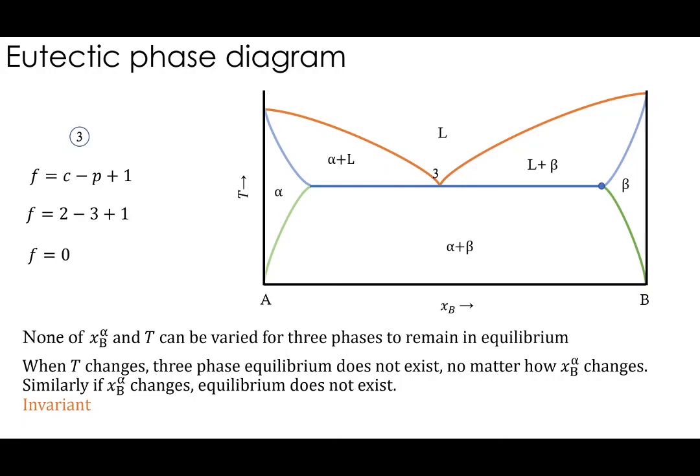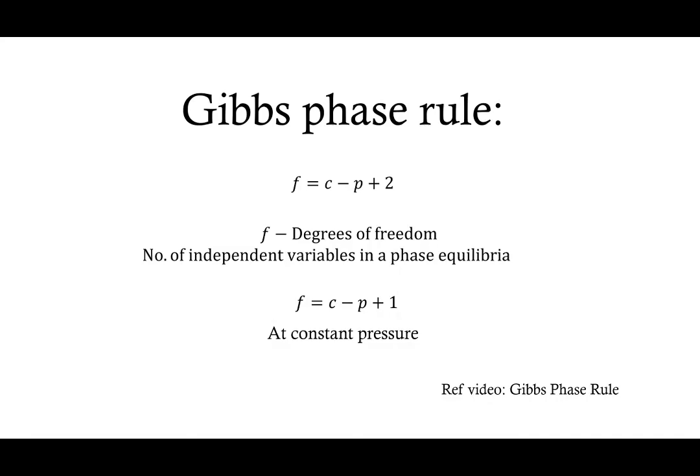That is the three-phase equilibrium. All those overall compositions will obey this. So you can see the significance of Gibbs phase rule. Every point in the phase diagram has to obey Gibbs phase rule. That's the power of it. We can use it to understand phase diagrams, understand phase equilibria. We can use it to predict phase diagrams. It's quite powerful. Okay, see you in the next video.